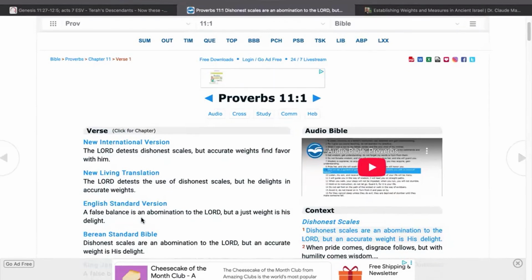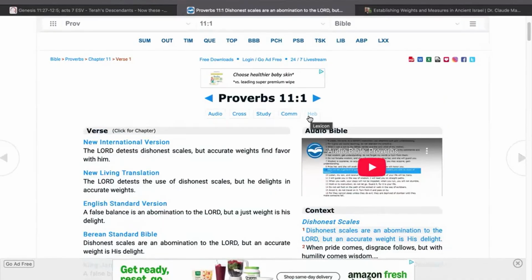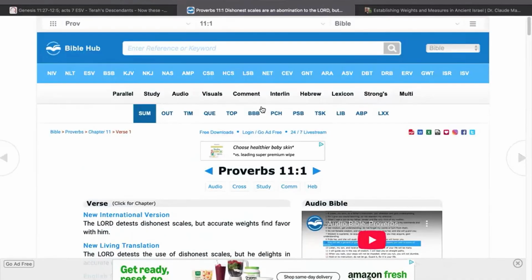So he doesn't like a false balance, but a just weight. And when he pulled up the Hebrew, it said a just stone. And I was like, man, what? How did he get there?